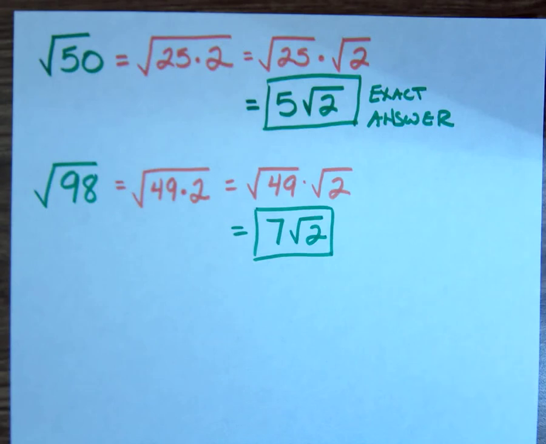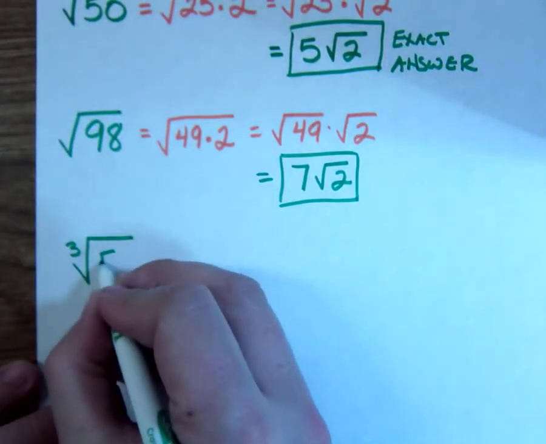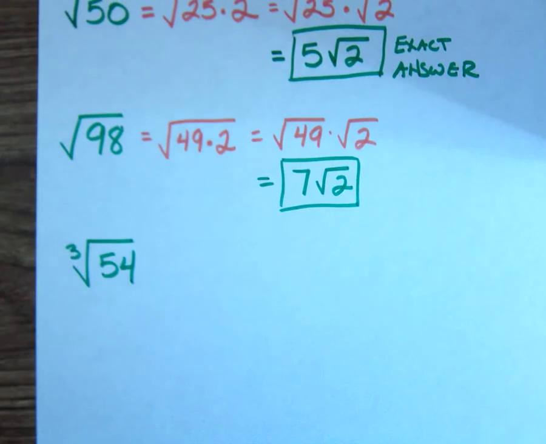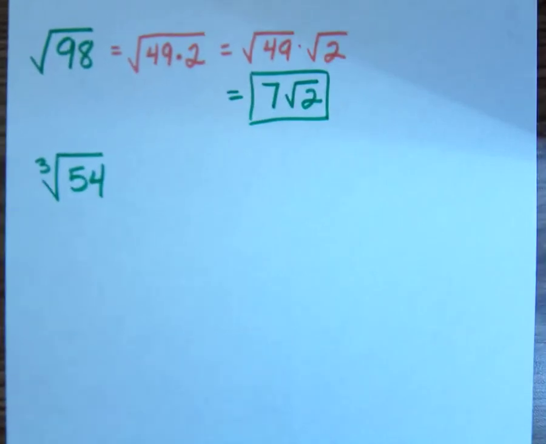Works with cube roots too. Okay, I want to take 54 this time, and I still want to split it into the product of two factors, but this time I want one of the factors to be a perfect cube.